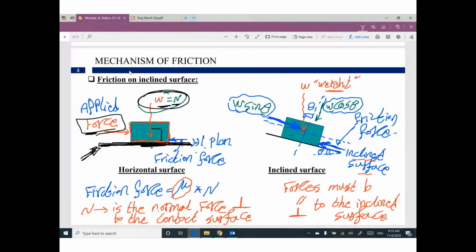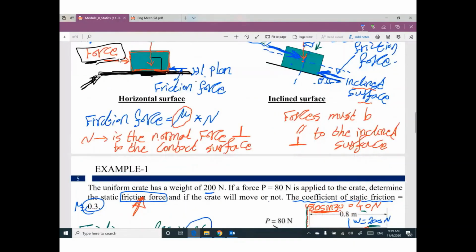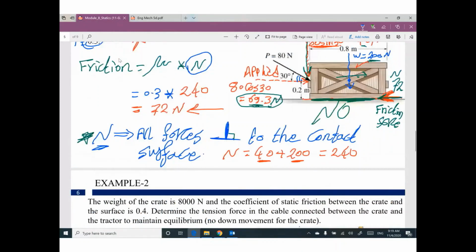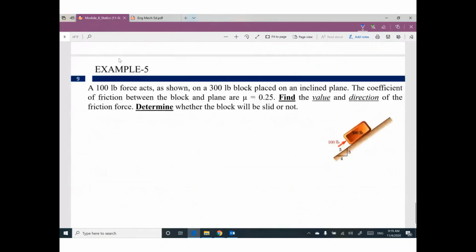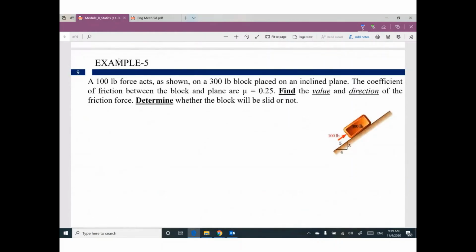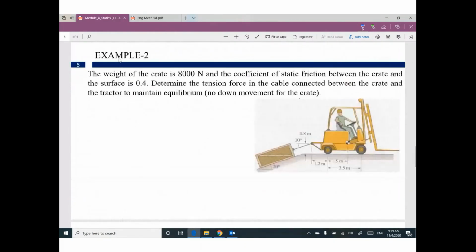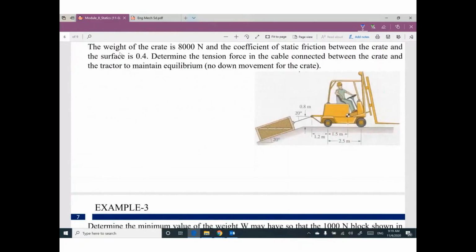Okay, so if you have an inclined surface, we need to do some adjustment to the problem before starting. Let me do this example. We have a crate or box with a weight.